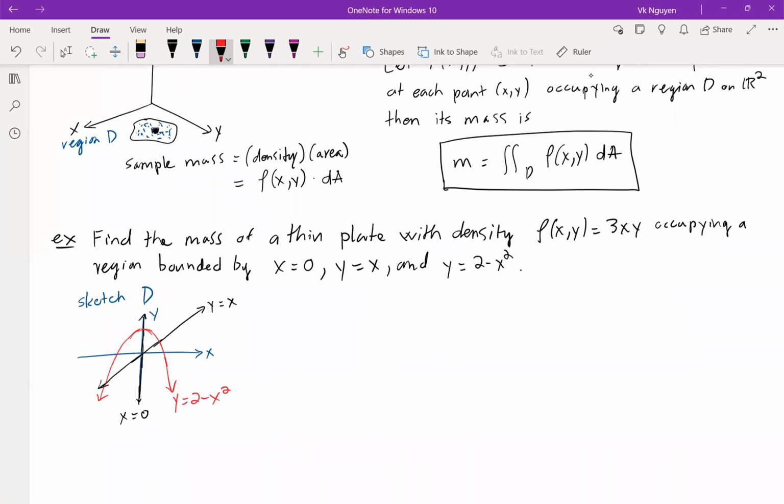From the description, it got to be a region bounded by the three curves. So the region is going to be this one. This is the region D, and that is the thin plate.